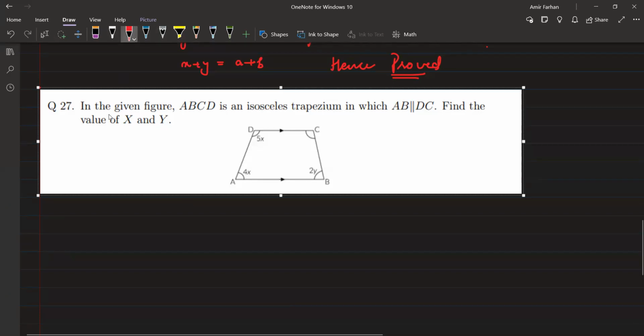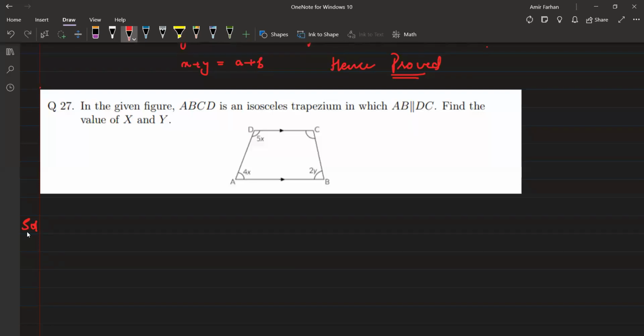Please tell me, what does isosceles trapezium mean? Does anybody know any property related to an isosceles trapezium? Its two sides will be parallel, I guess. No, sir, I don't know. Okay, what about you, Zad?